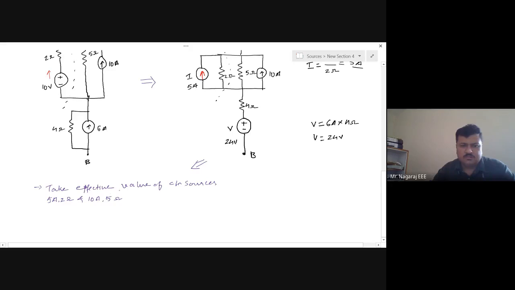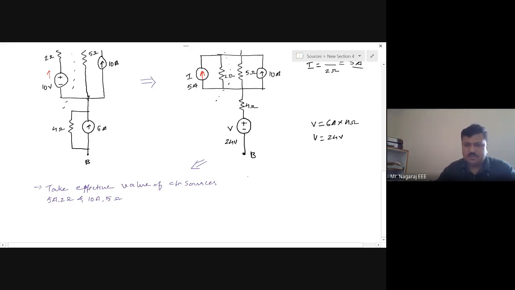So now taking the effective value of current sources 5 amp 2 ohms and 10 amp 5 ohms is simply I have to add or subtract the value of currents depending upon the direction and take the effective value of resistances. That's it.